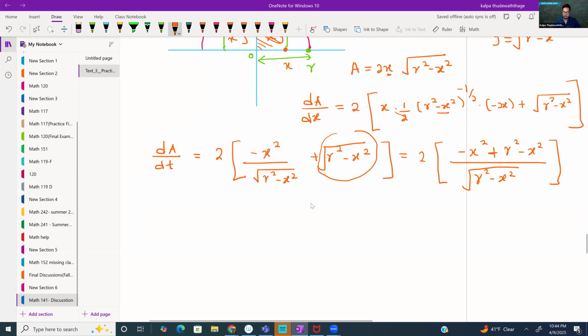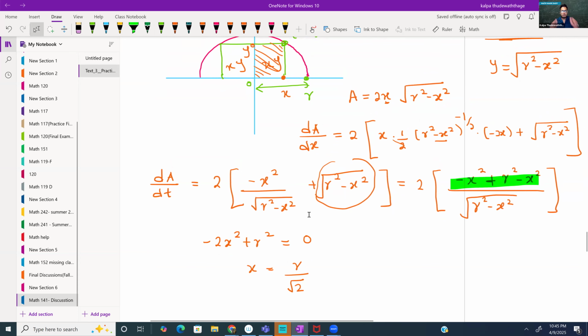If you set the numerator equal to 0, it's negative 2x to the power 2 plus r to the power 2. And if you set that equal to 0, you get your x as r over root 2. Okay, that's your critical point. You can get minus r over root 2, that is your other point. It's enough to get 1 point.